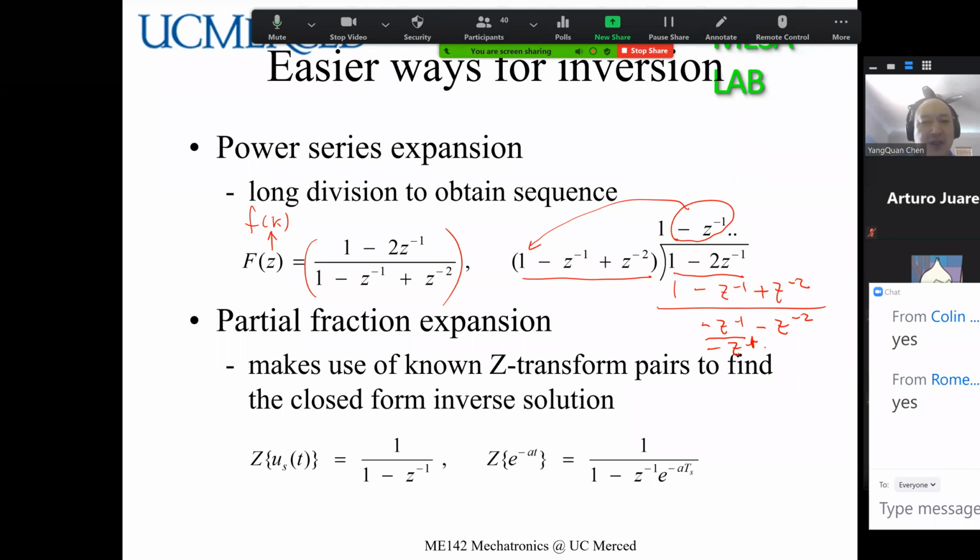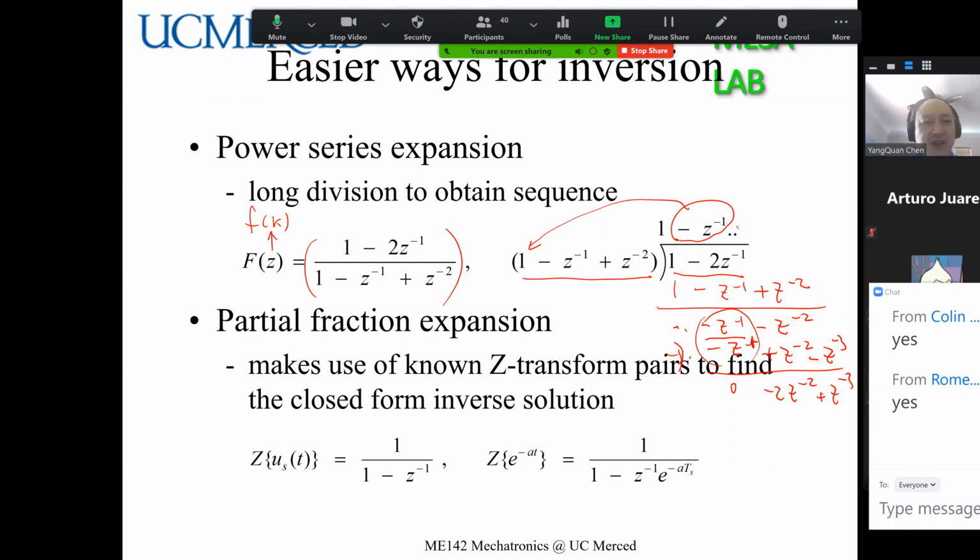Then you have positive z minus 2. Then you have negative z minus 3. So you eliminate this one, this minus this. So you get 0. This is minus 2 z minus 2. This is a positive z minus 3.